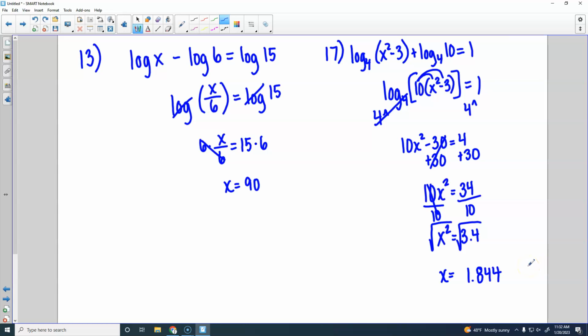If I square root both sides, I'm supposed to put a plus or minus with that. However, I do want to check to see if it's okay to have a plus or minus, because sometimes those negatives cause us trouble with logs.